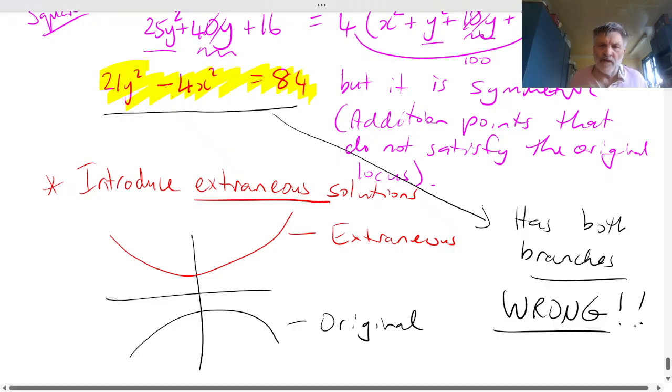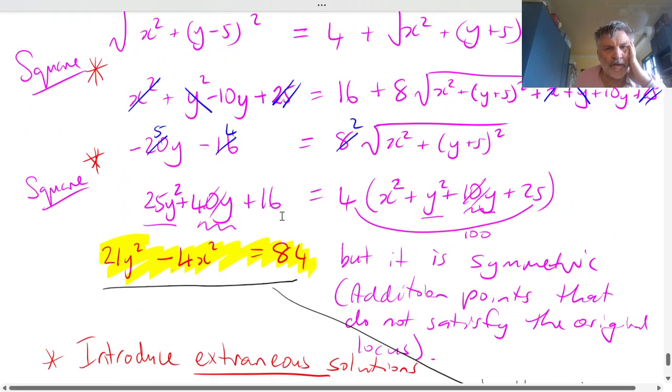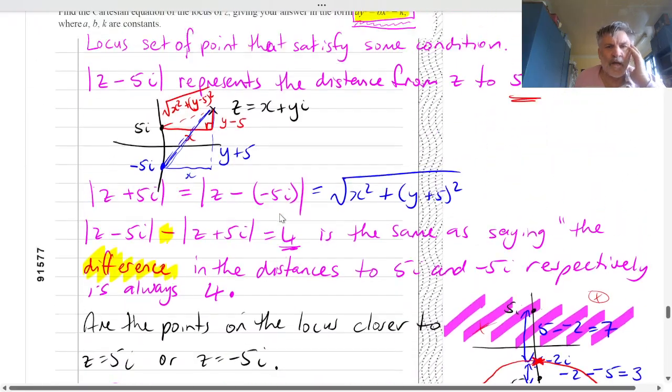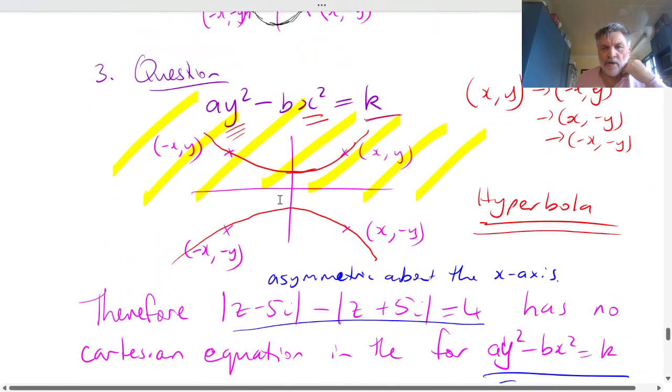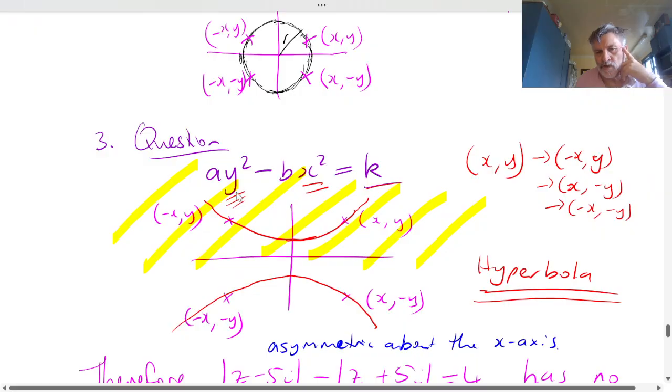Anyway, hopefully that makes some sense. Students should be able to identify when you might get extraneous solutions and then be careful with their work. I think if you draw a picture at the beginning, you can see that half of the plane is excluded here, and you can also see that this sort of equation always has symmetry.